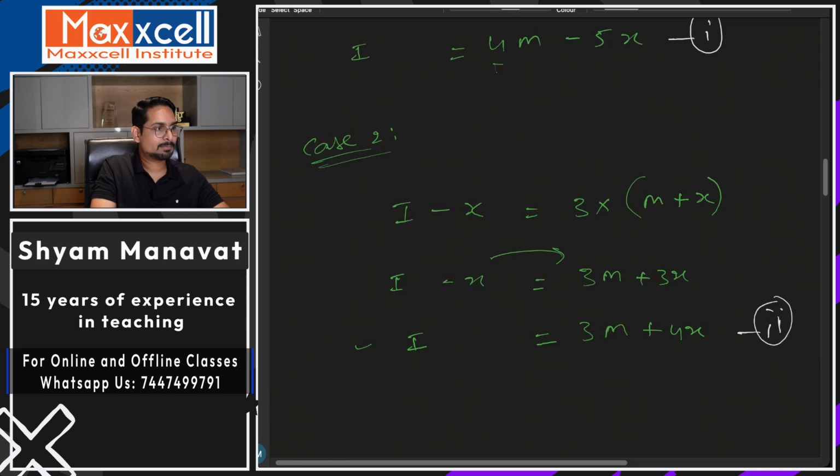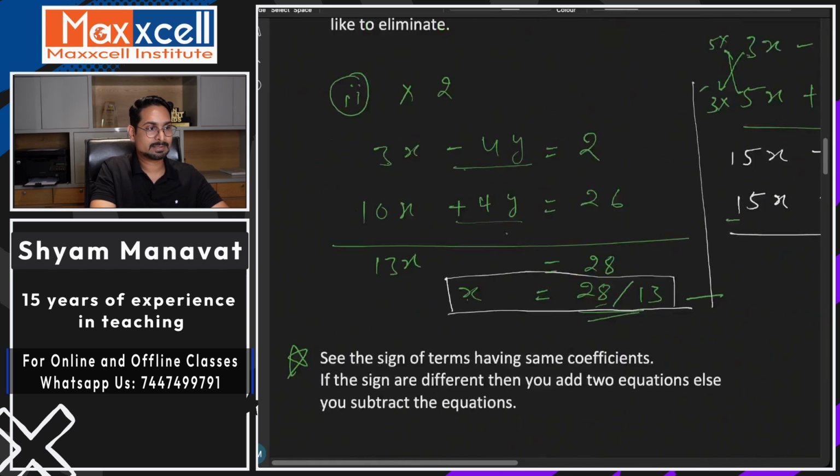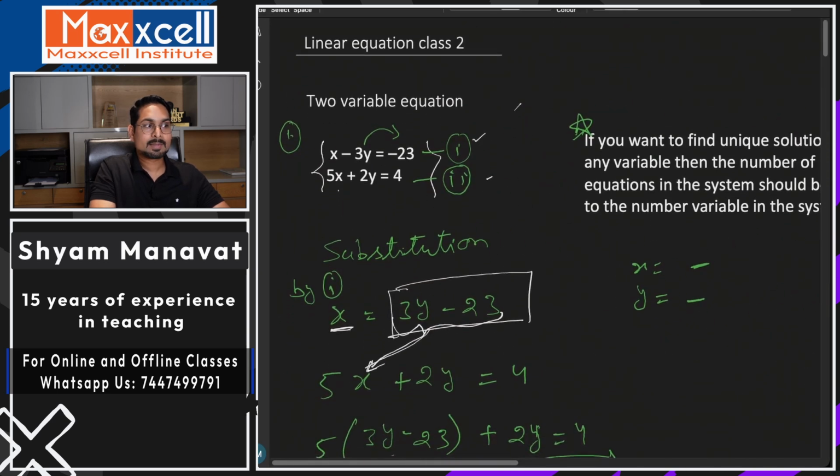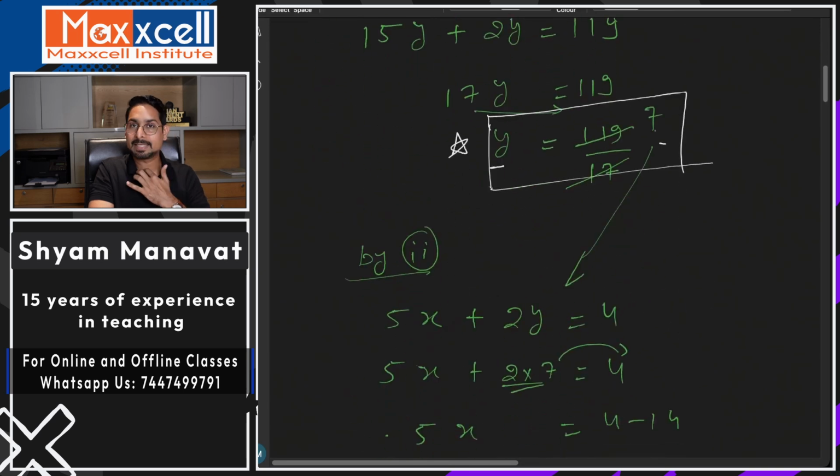Don't worry. Okay, so let me eliminate m in this case. The m coefficient is 4 here and 3 here. So what do I do? How do we use the elimination method? Remember the elimination method? We have discussed that in lecture number 2, eliminate x and y.